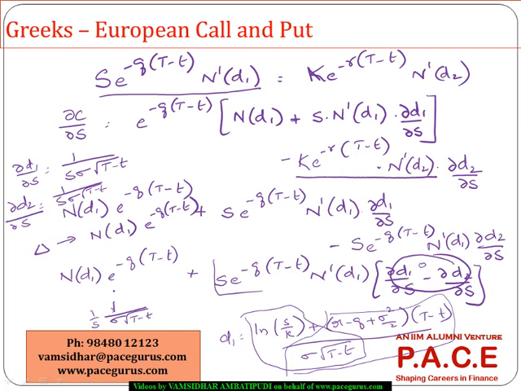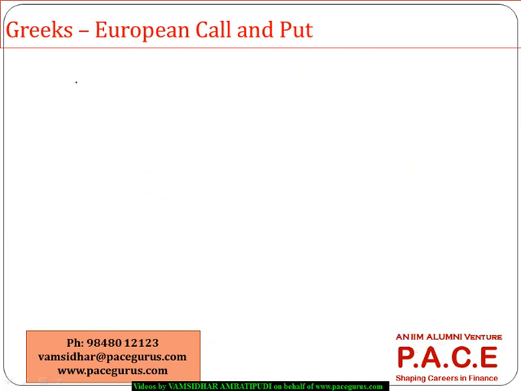And the same logic goes again. Now I know that the delta of the call option is N(d1) times e power minus q (T minus t). I can very well find out the gamma.